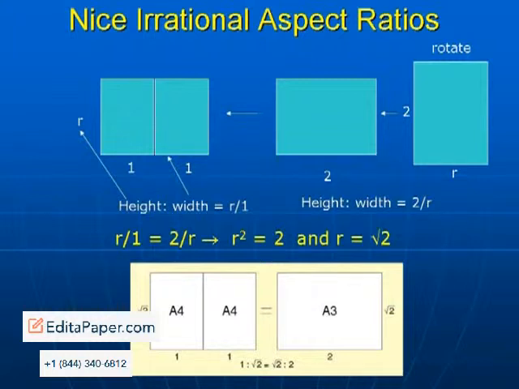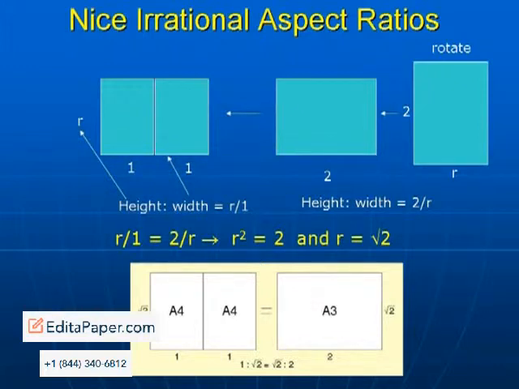Well, first of all, rotate it round, so it's the other way round, it's horizontal. Now, suppose we wanted to cut this piece of paper in half, down the middle. We would then have two pieces which had a height r, but which each had a width 1.